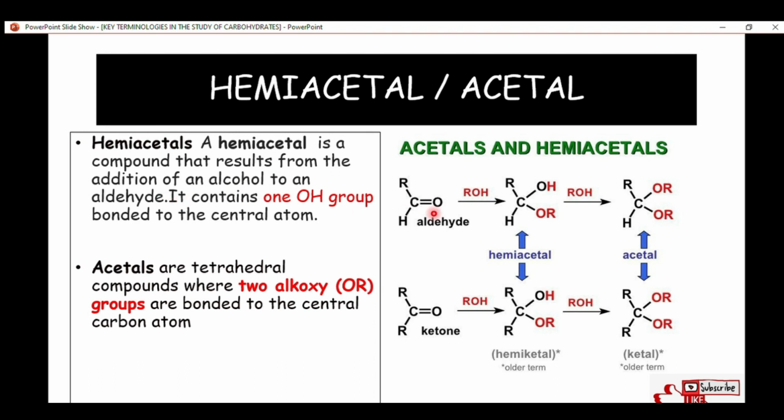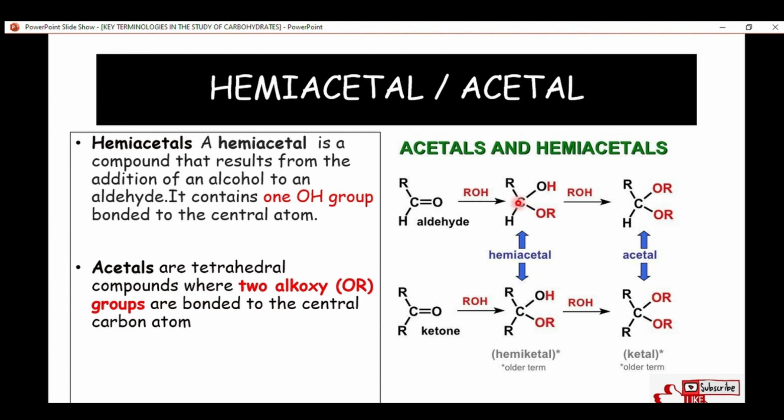When we add an alcohol to an aldehyde, that means we are breaking the carbonyl functional group over here, and we are adding an OR group, that's the alkyl group, to this form. When we add the hydroxy group to this form, we are going to form a hemiacetal. In short, it contains one hydroxy group bonded to a central atom.